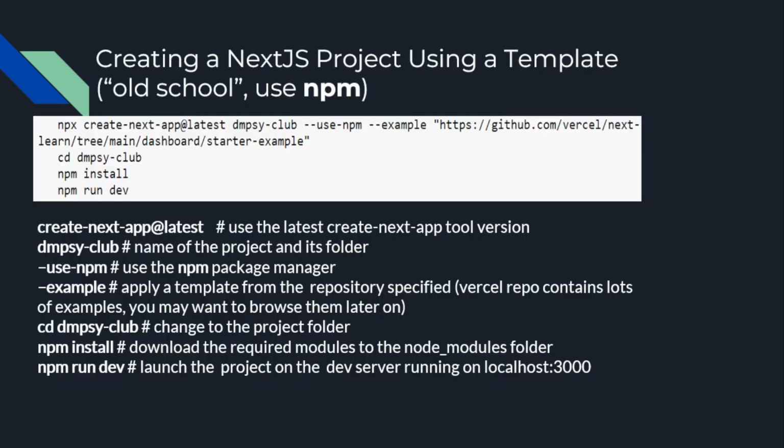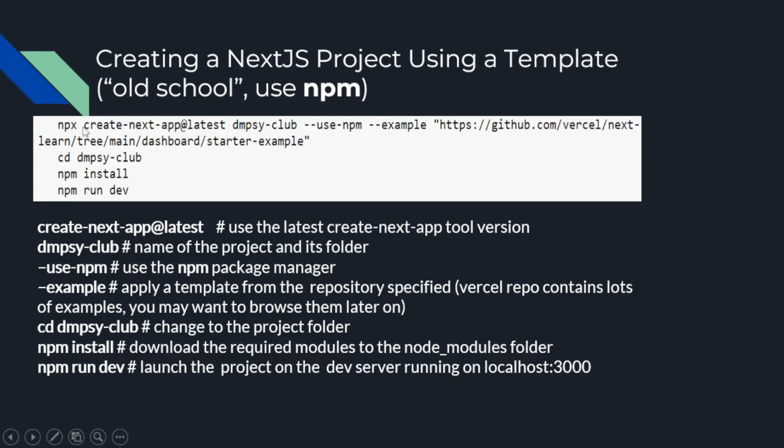Okay, let's now create a Next.js project based on a template. That's a bit old school because we are using npm, Node Package Manager, and we were using npm for ages working with JavaScript, and you know it better than me. So the command looks very complex, but it's easy to understand.